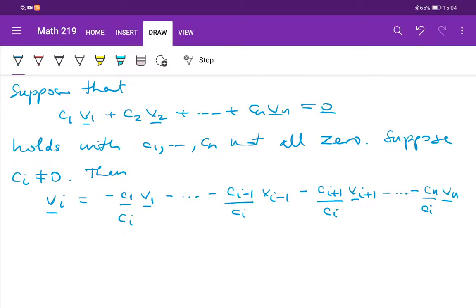Basically, we take the term ci vi to one side, and then divide by ci, and you get this. So we can see that vi is a linear combination of the other vectors.